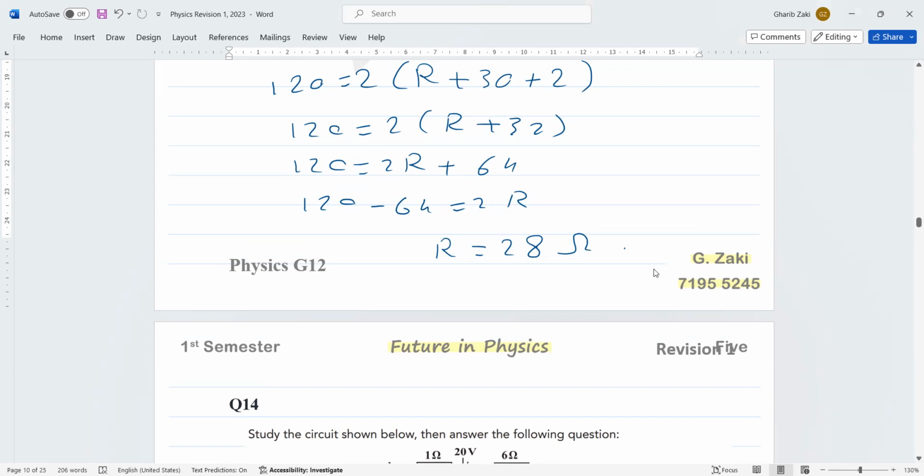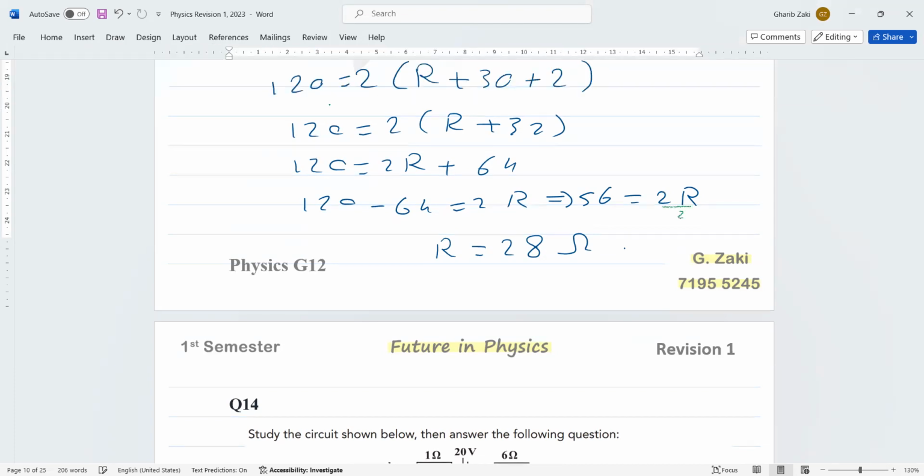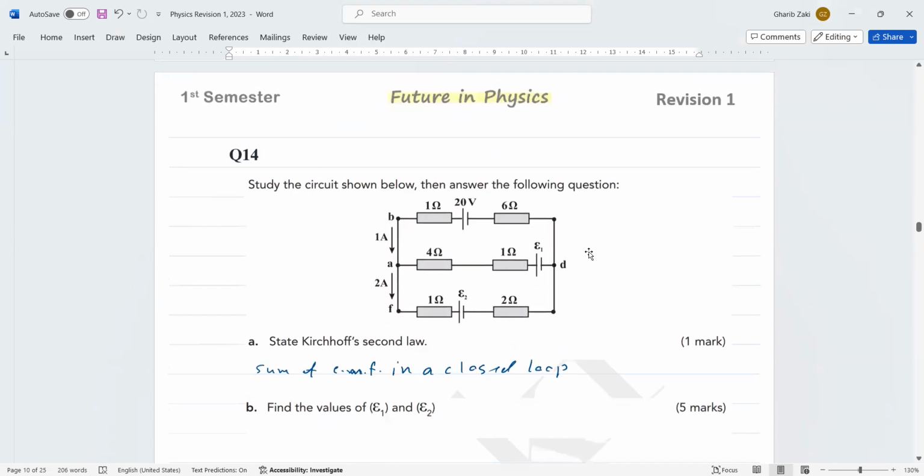No, my friend. 120 minus 64. Solve this. 120 minus 64 equals 56. So 56 equals 2R. I do it quickly. So we divide by 2 both sides because it's 2R. So it's 28. Okay. Don't worry. Sorry. Thank you for that question.